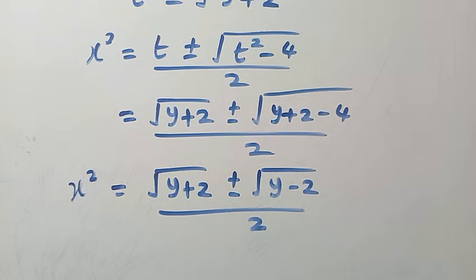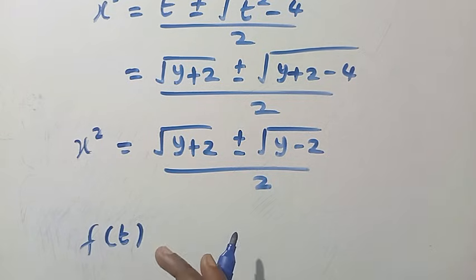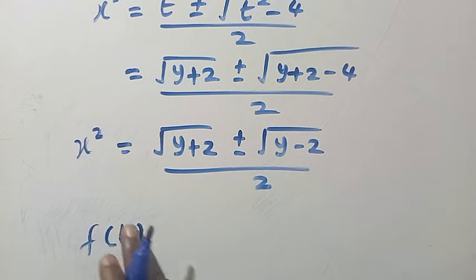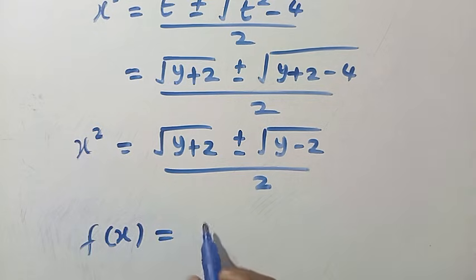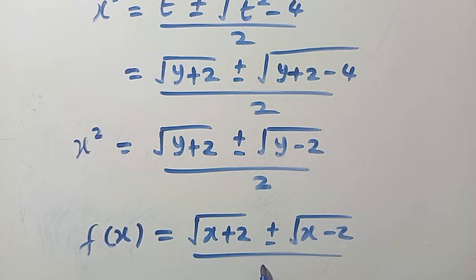Now we are going to substitute this back into the given function, so that we are going to have f of t equals, and we cannot use t, we just use f of x. So let's just say f of x is now equals, since we have x squared here, the square root of x plus 2, then plus or minus the square root of x minus 2, all divided by 2.